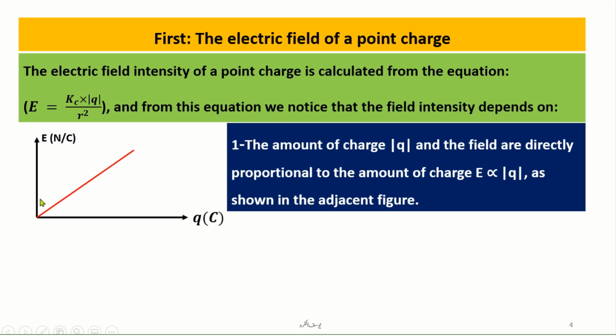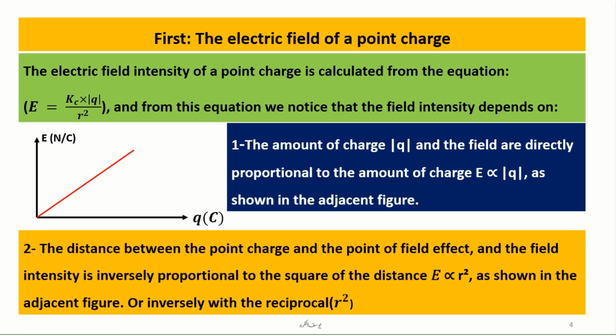On the perpendicular axis, the y-axis, and the horizontal x-axis, we take E in Newton per Coulomb, and Q in Coulomb. Notice that the proportion begins from the zero point and goes on.